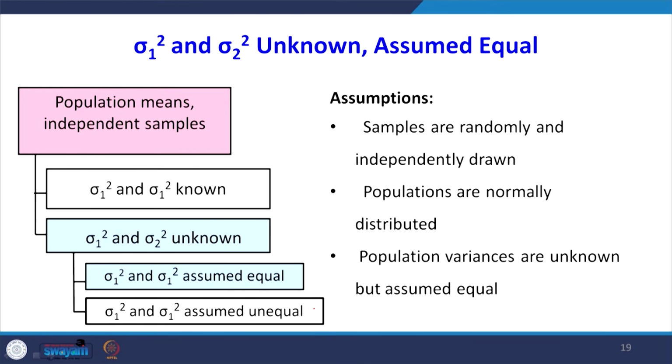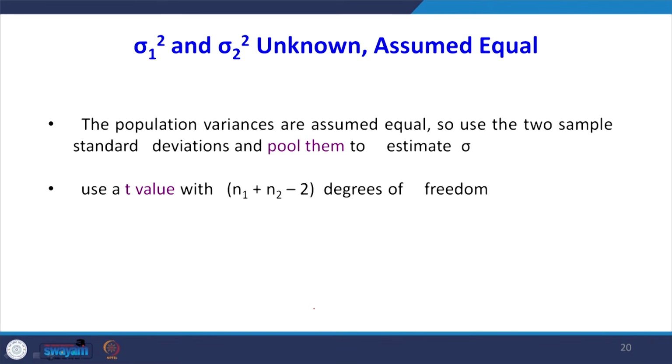Samples are randomly and independently drawn, populations are normally distributed, and population variances are unknown but assumed to be equal. So, use the two sample standard deviations and pool them to estimate the variance or standard deviation. Use a t value with n1 plus n2 minus 2 degrees of freedom.